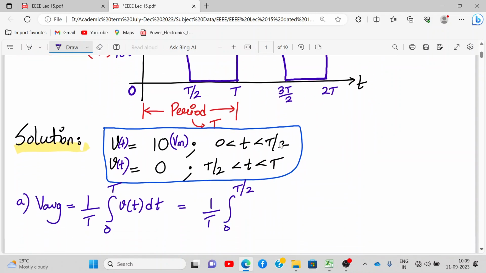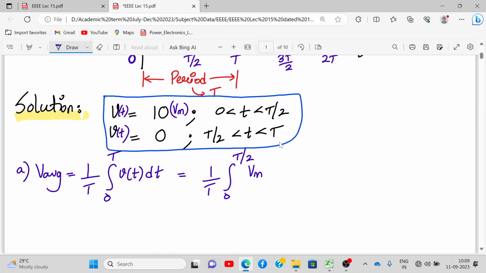So what will this be? Vm dt. Vm upon T will be constant, and what will remain over here? dt, going from 0 to T by 2. Instead of 10, I am assuming it's Vm, and at the last step I will substitute Vm as 10. Now solve it further. So what is V average?